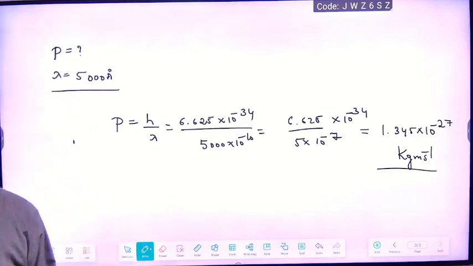Okay, done now. Now calculate one more question I will give, please write. In the same question, also find the mass of photon.